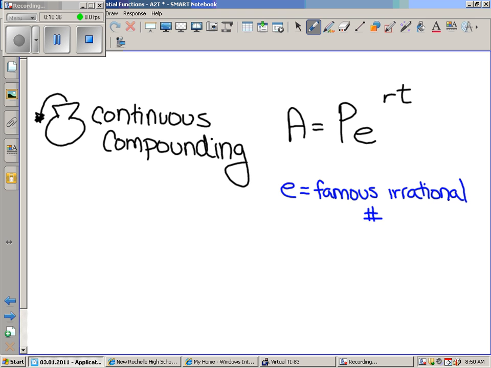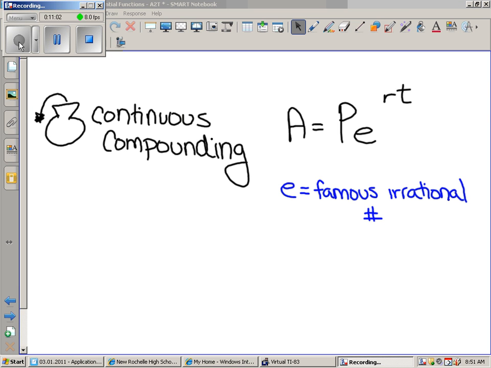R stands for rate, T stands for time, P stands for principal. So if you see the vocabulary word in the word problem, continuous, if you see continuous compounding, all you have to do is use this formula. The tricky part about these, like what we've learned over the past 2 days, is when do you use each one of the 3 formulas? That's what we're going to practice.